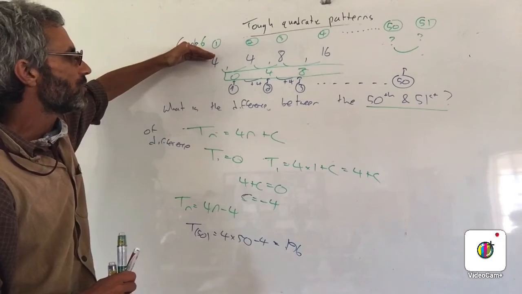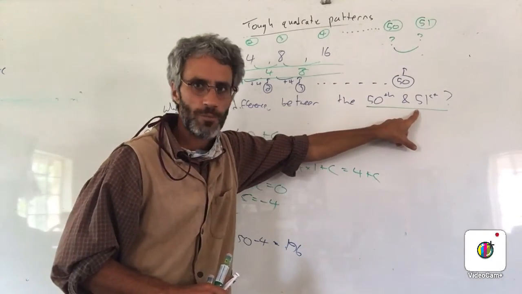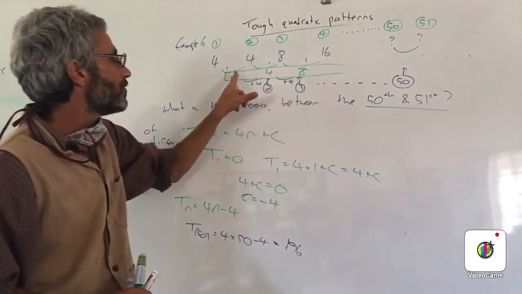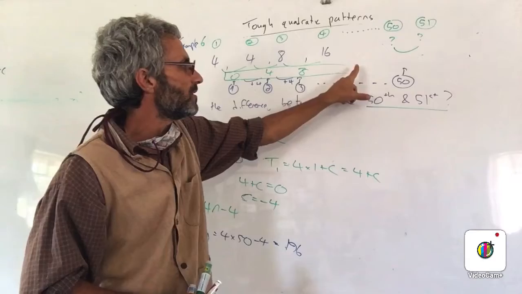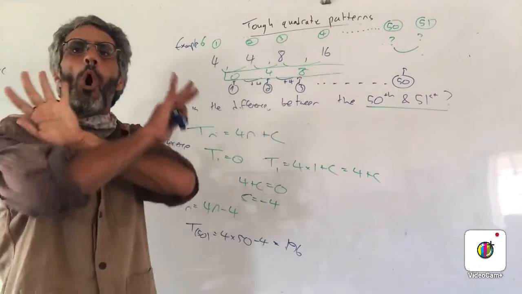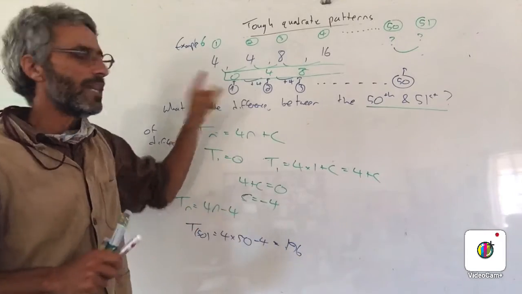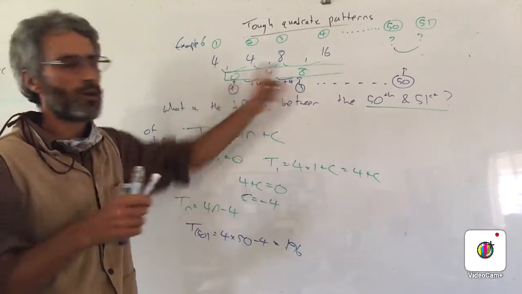So when we asked about the difference between terms in a quadratic pattern, we first start writing down the number pattern of the differences. That number pattern is always going to be a linear pattern. The difference of a quadratic pattern is forever linear.